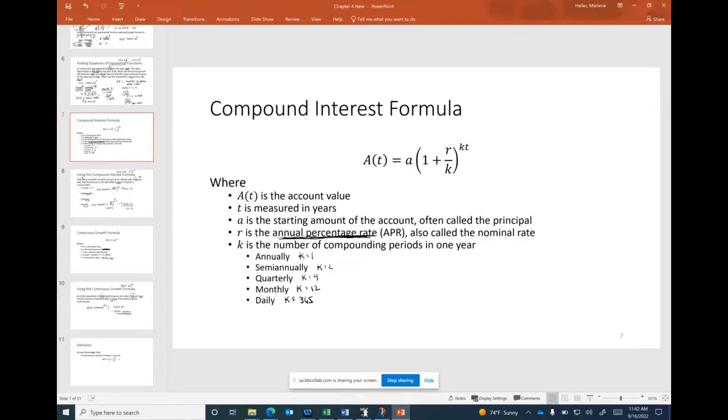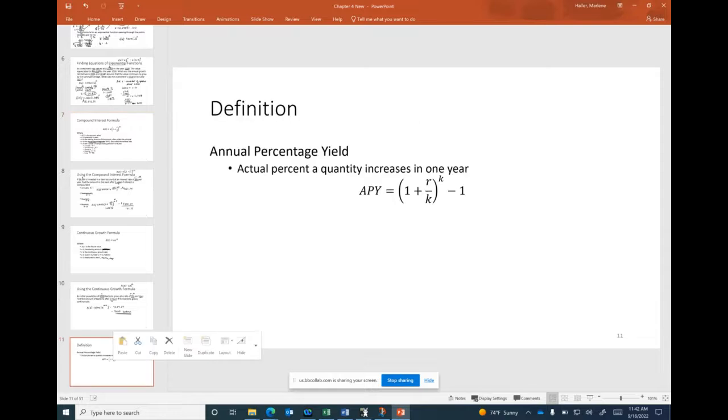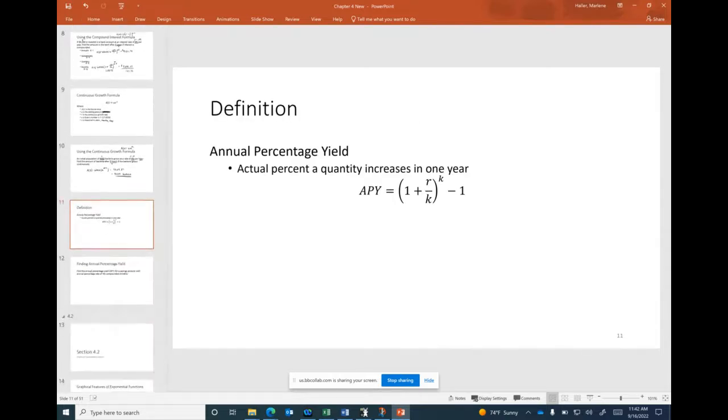So it's often interesting to know what the actual annual rate is. That's our annual percentage yield: 1 plus the annual interest rate divided by the number of compounding periods, raised to the number of compounding periods, and then minus 1.